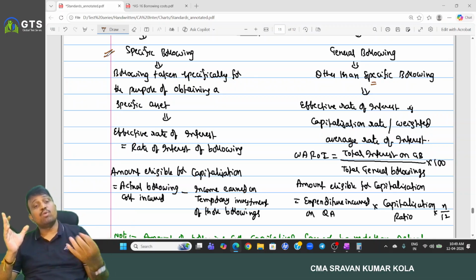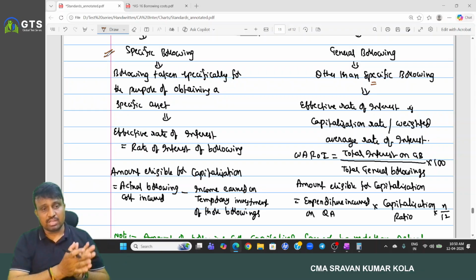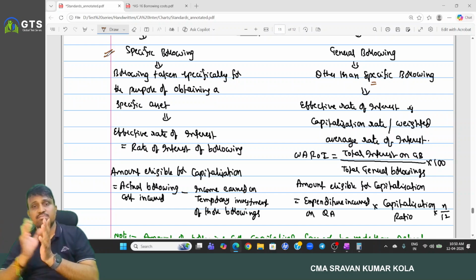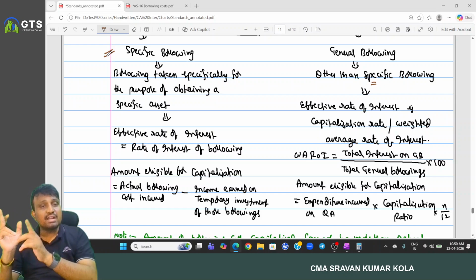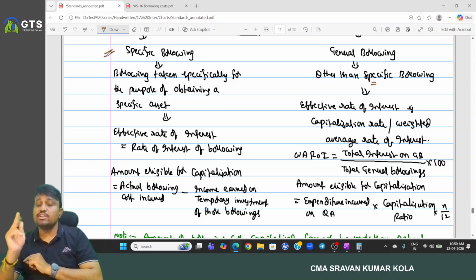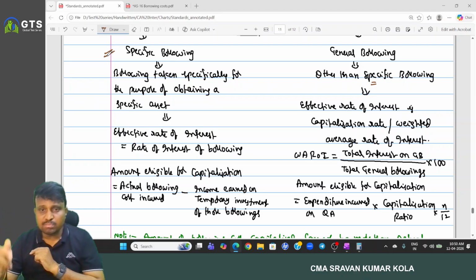But if the investment is made out of the specific borrowing for a temporary period, any interest you get during that period will be adjusted against the actual borrowing cost of the specific borrowing. But if the same happens in case of general borrowing, any income earned on the temporary investment out of the general borrowing is not reduced from the borrowing cost; that is transferred to P&L.